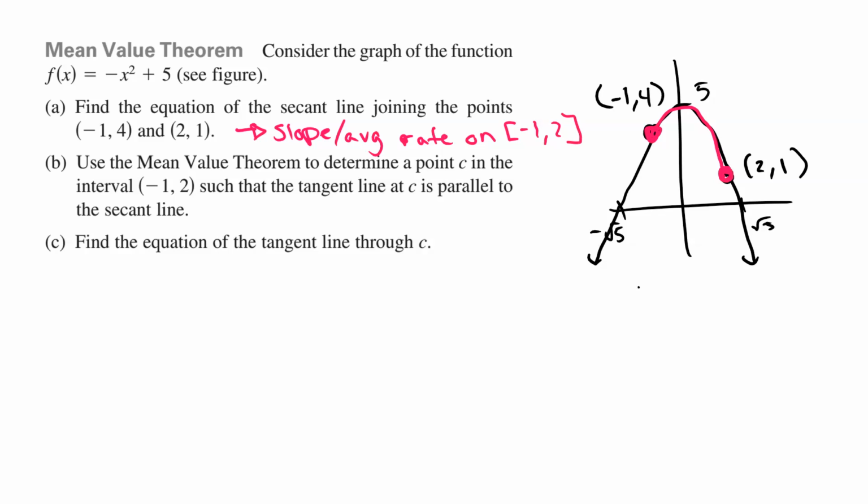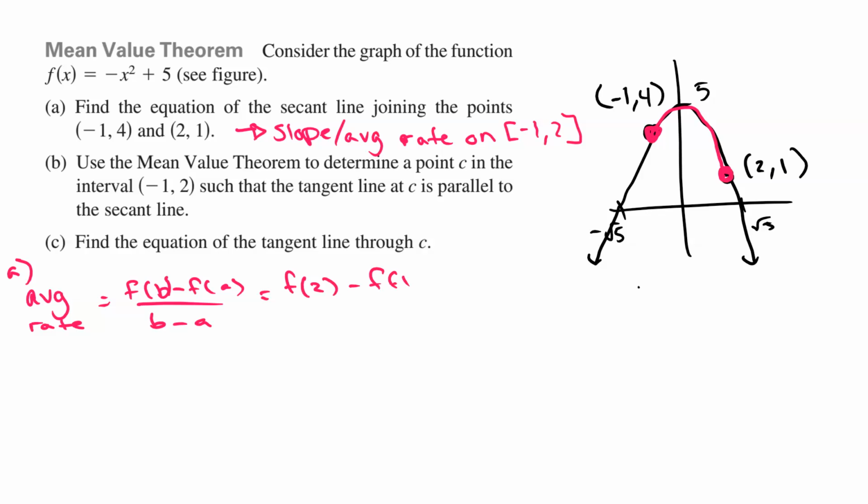All right, so for that, we're going to do f of b minus f of a over b minus a. In this case, b is 2, and a is negative 1.